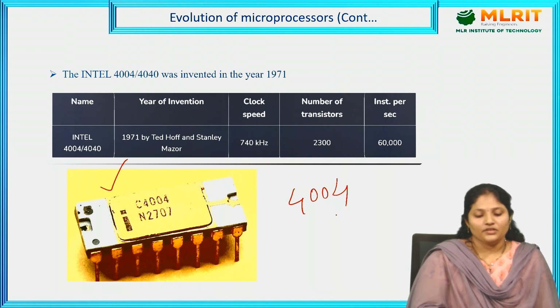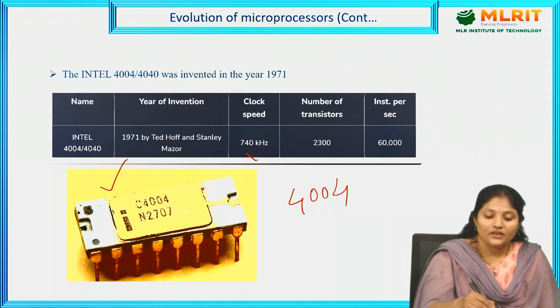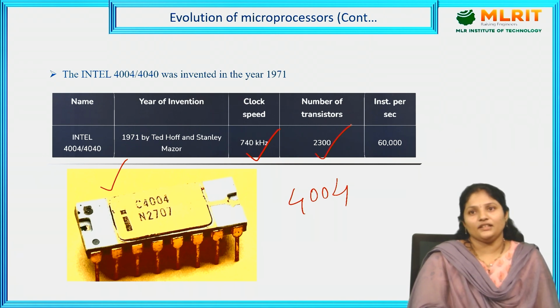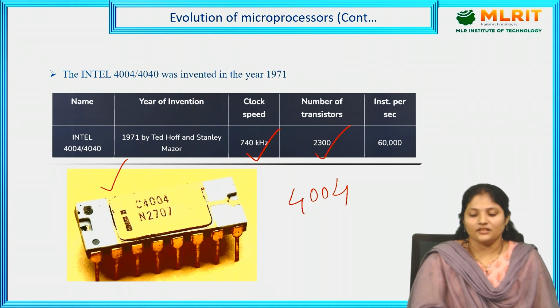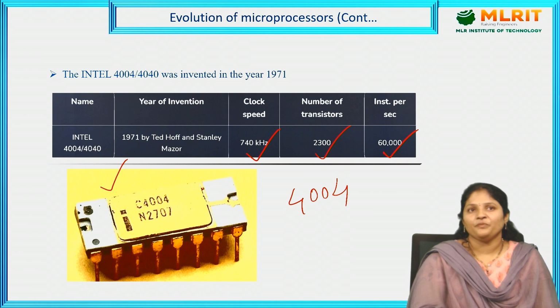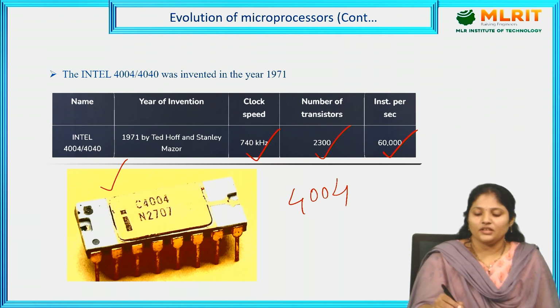This microprocessor has a clock speed of 740 kilohertz and consists of 2300 transistors on a single chip, and it can execute 60,000 instructions per second. It has only a 42 instruction set.